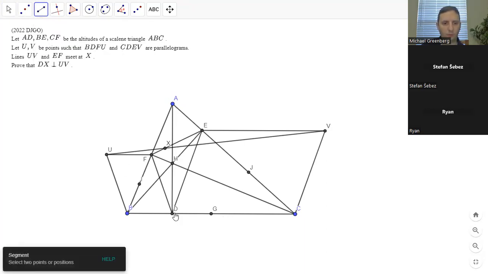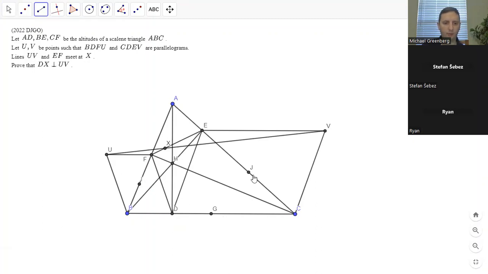Okay, so we want to show DX is perpendicular. So this DH is an angle bisector.